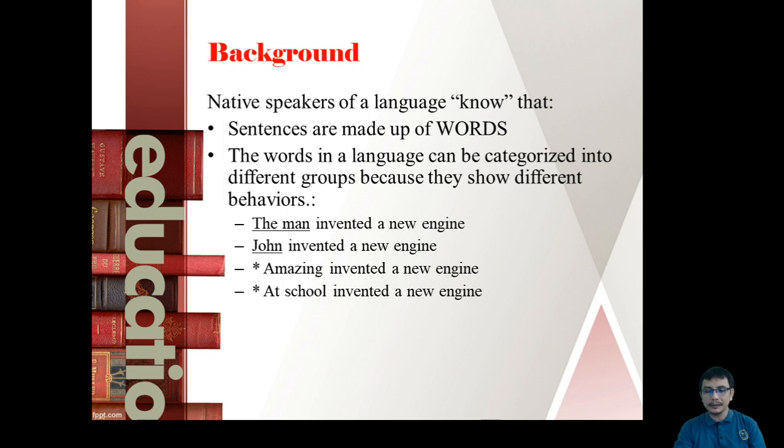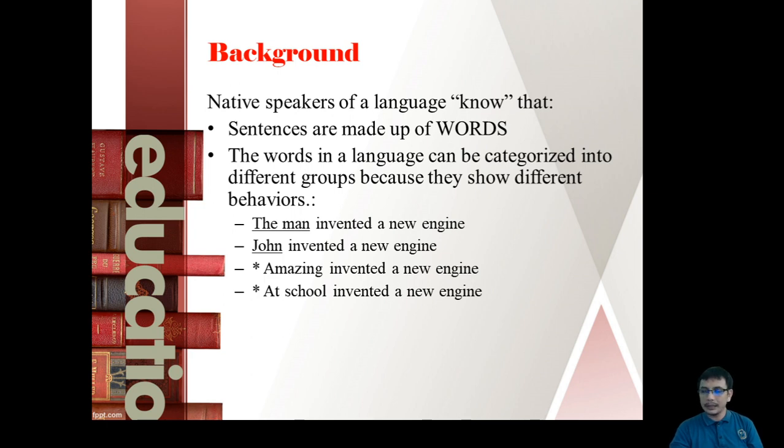Let's take an example. In the sentence "the man invented a new engine," the phrase "the man" can be substituted by the word John. So "John invented a new engine" is also grammatical, or acceptable to native speakers of English. But when we change the word John into "amazing," for example, native speakers will definitely say that there is something wrong with the sentence.